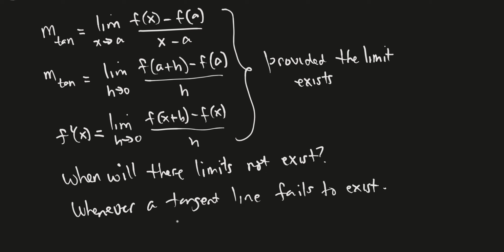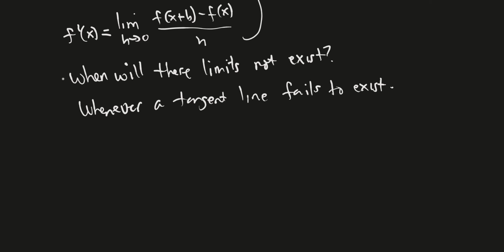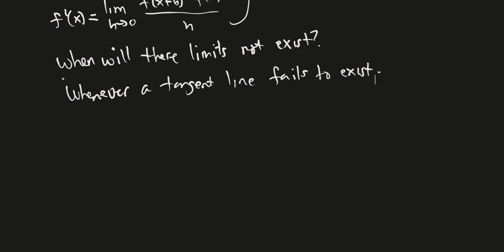So in other words, if we don't have a tangent line, then for sure we can't talk about its slope. And there's one little disclaimer, there's a special case that we will talk about when there is a tangent line, but something else happens to its slope. So let's take a look to see when it is not possible to draw a tangent line.